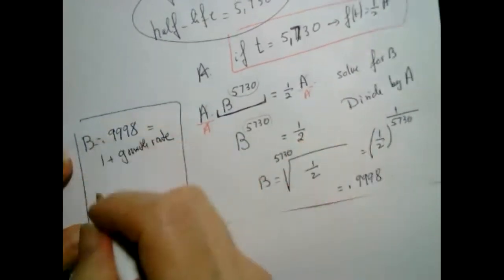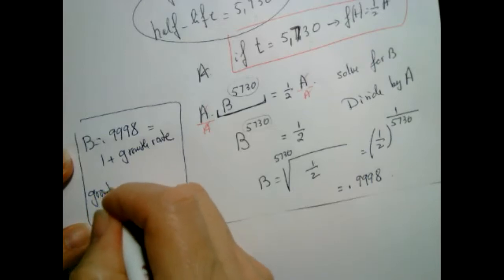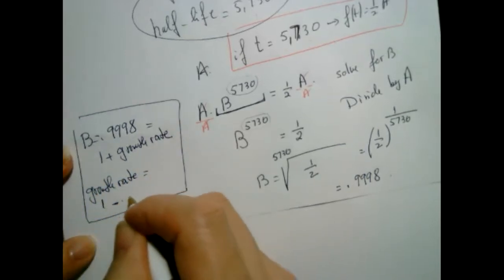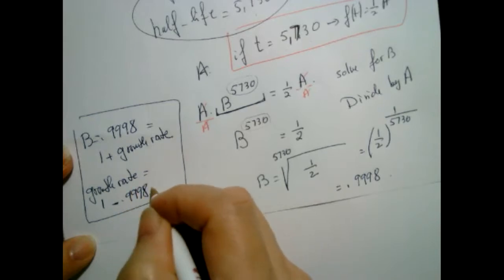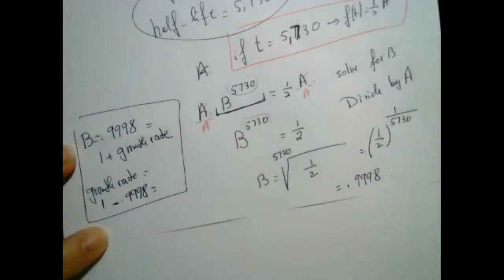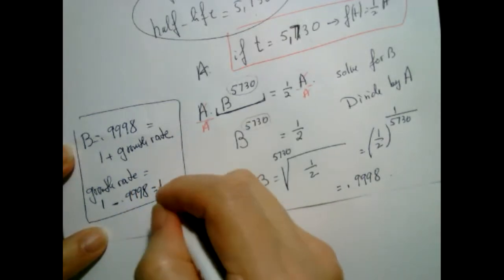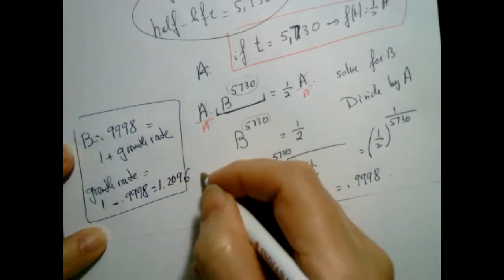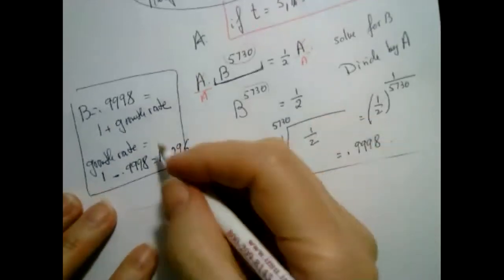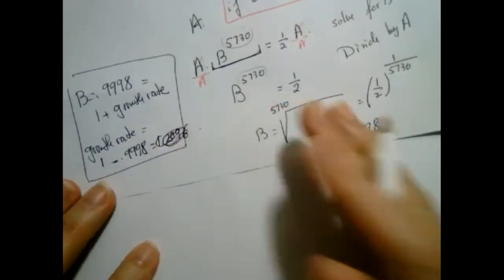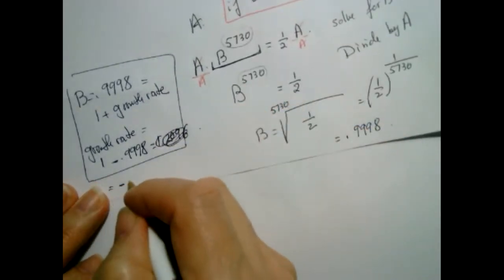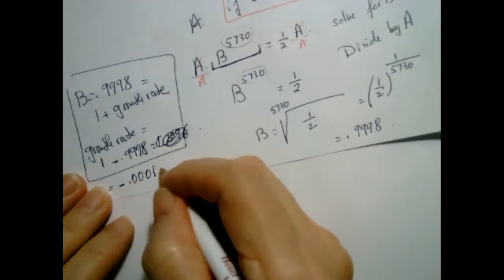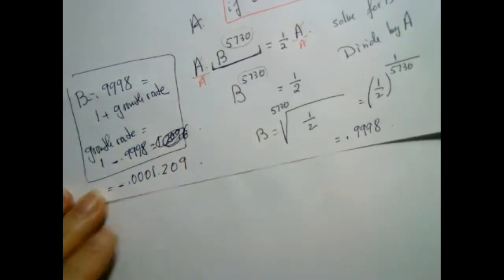So my growth rate is how far this is from 1, so the growth rate will be that minus 1, which is about negative 0.0001231209.